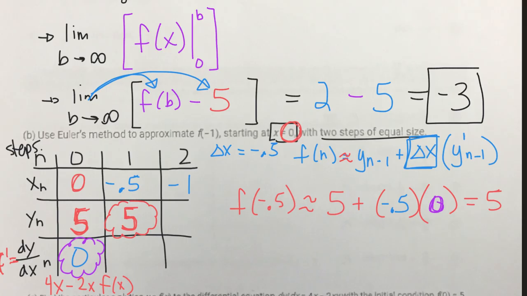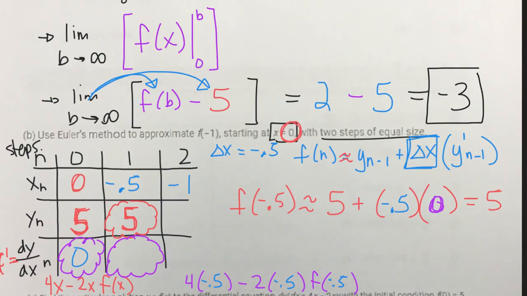Okay. Now let's calculate our next dy dx. Okay, so that's 4 times something minus 2 times the something times f of that something. What's our x value? Negative 1/2. Okay, so one step at a time. 4 times negative 1/2 is negative 2.